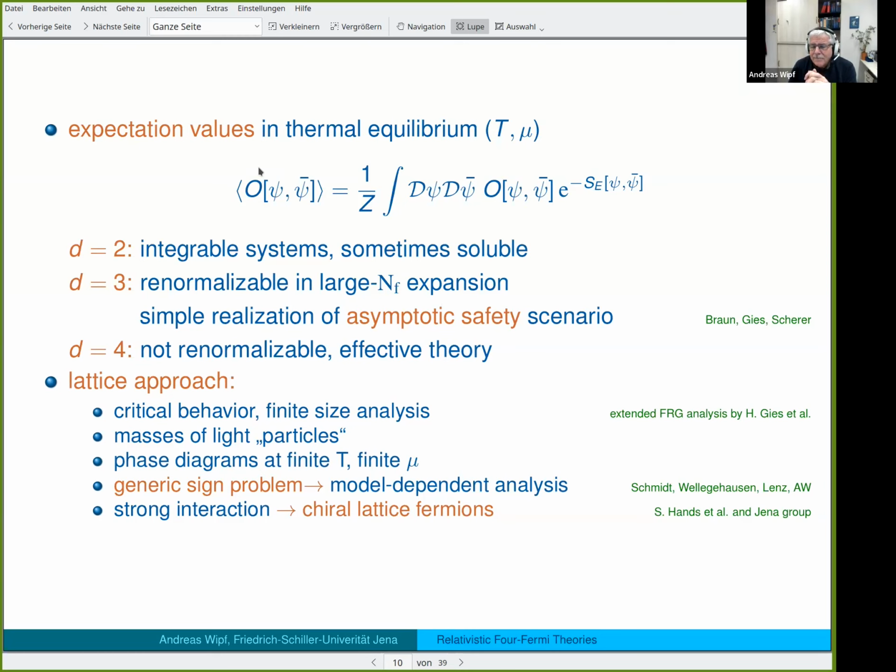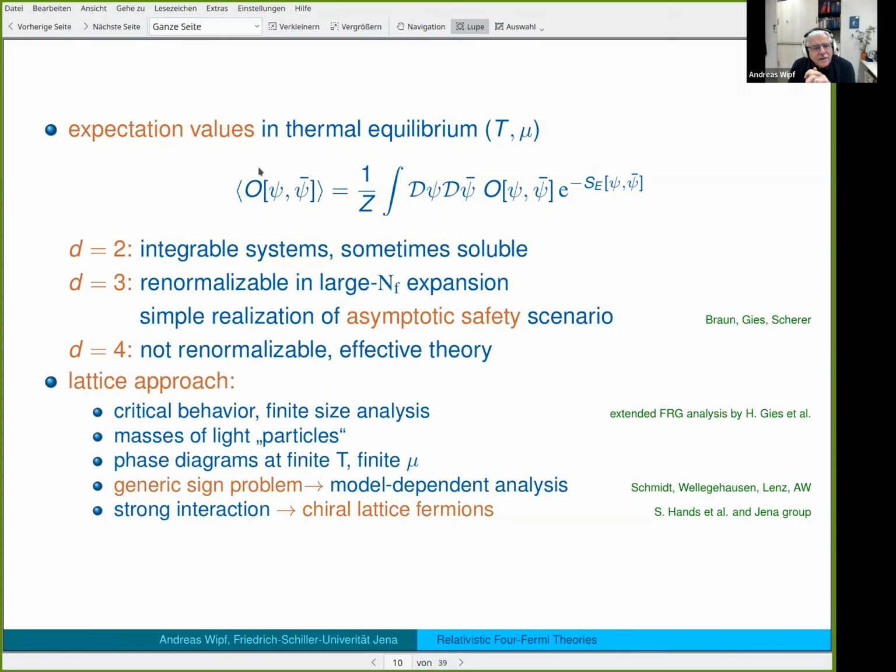Many people, including myself, believe that gravity is asymptotically safe. So it's not renormalizable in perturbation theory, but it may be renormalizable in a different sense, that there is a fixed point with certain properties. Now, in 4 dimensions, most of these theories are not renormalizable and are used as effective theories.